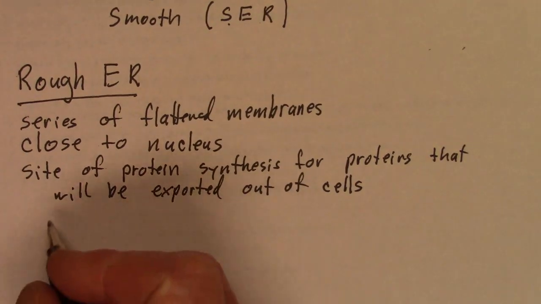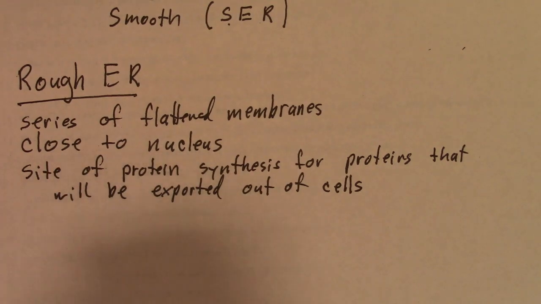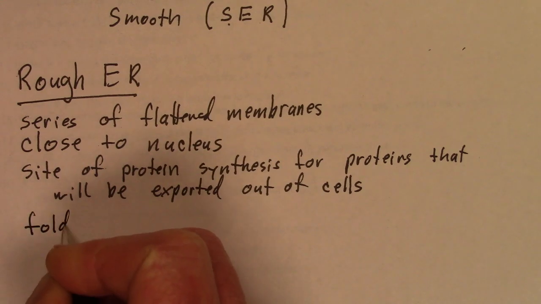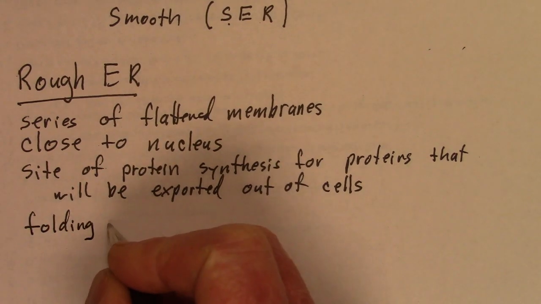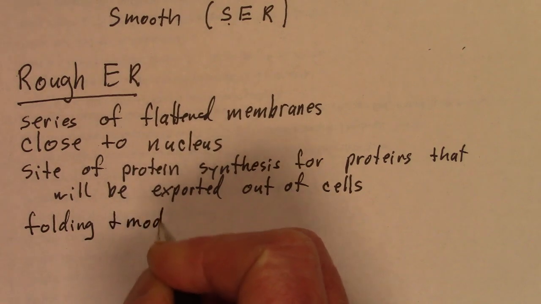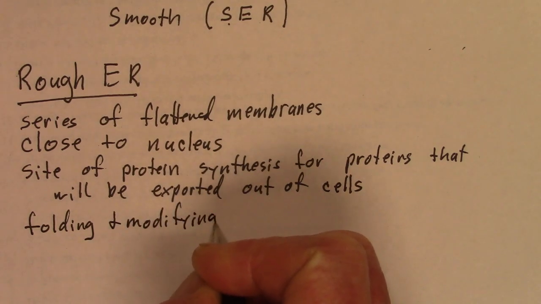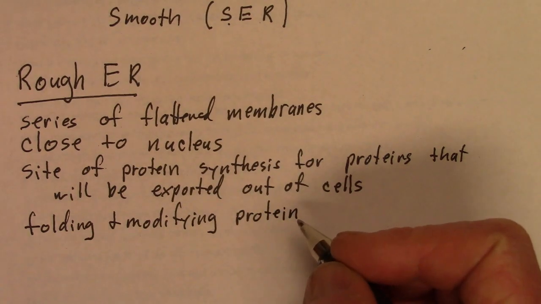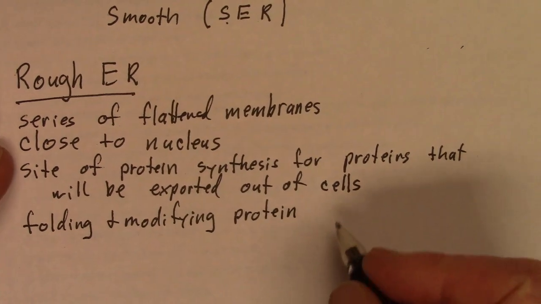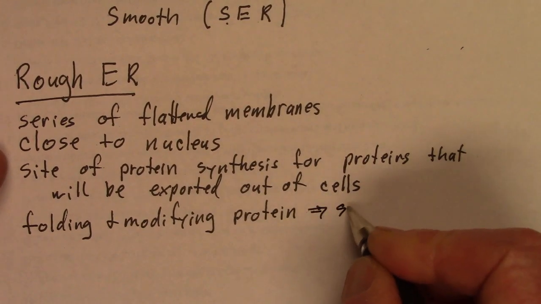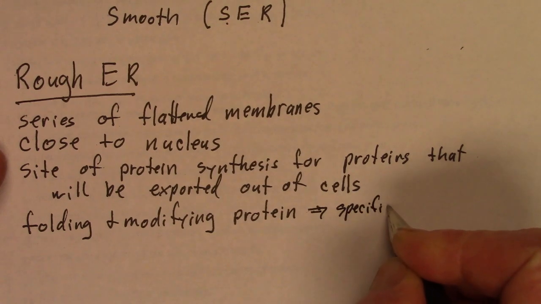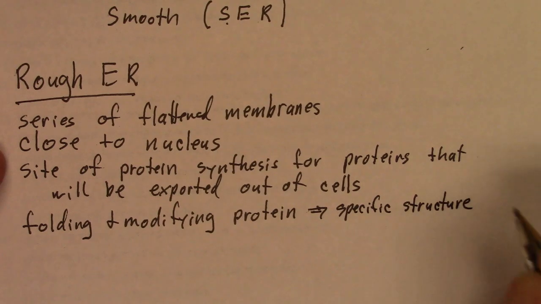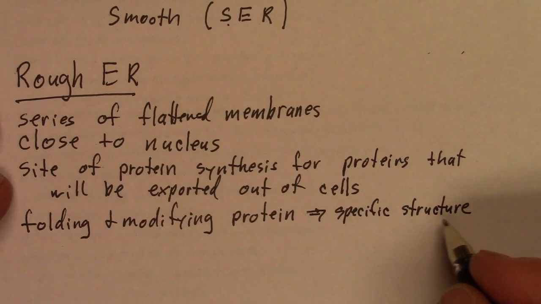So another function of the rough ER is that when the proteins are made, the rough ER is responsible for folding and modifying proteins. Proteins have a very specific shape, so you have to build that shape. And that gives them a specific structure, and hopefully you recognize the relationship between structure and function.